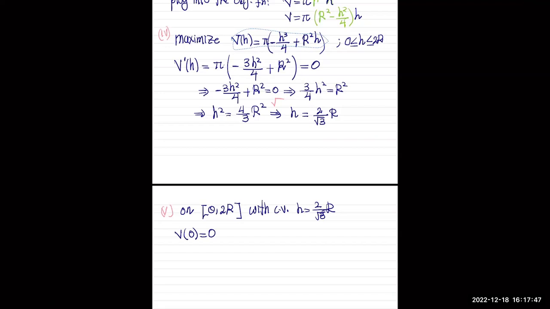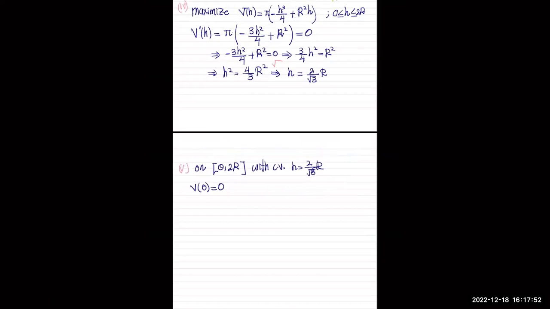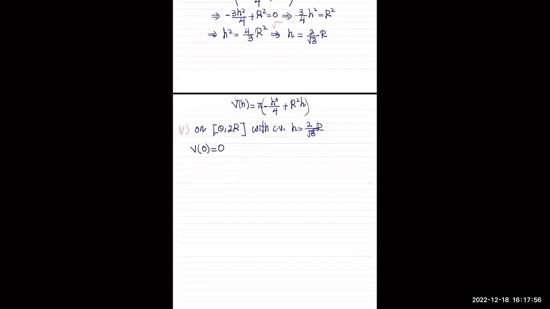And again, this is our volume function, right? If you plug 0 for h, you just get 0. Plug 2 over root 3 r in, we get pi times negative... When you plug 2 into H, you get 2 cubed.